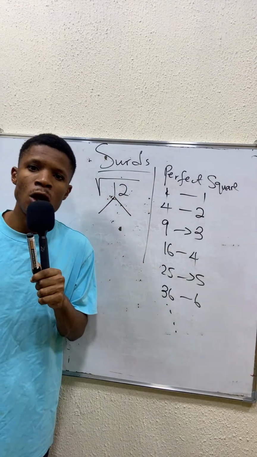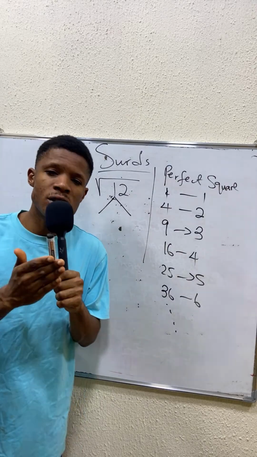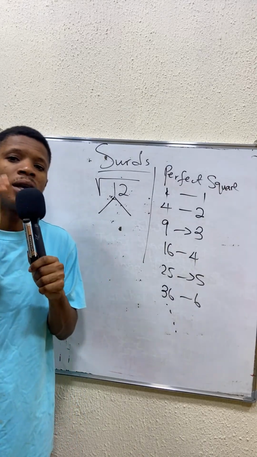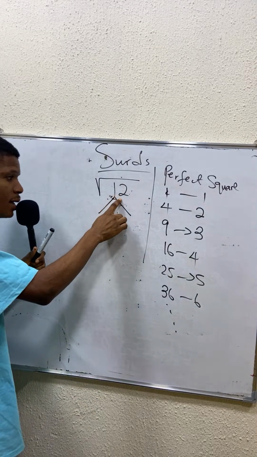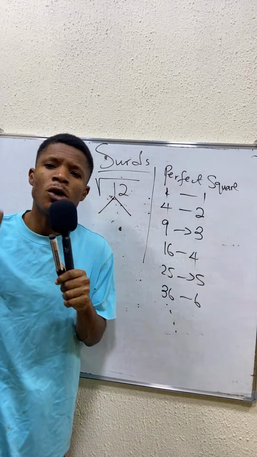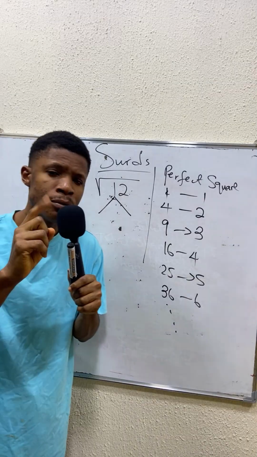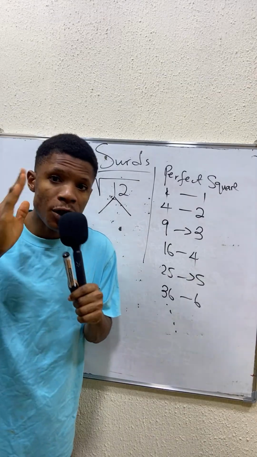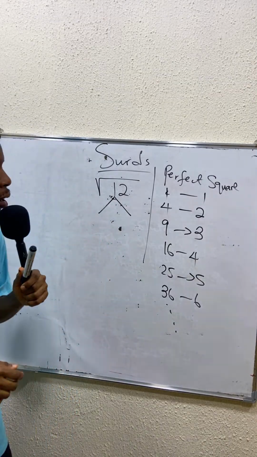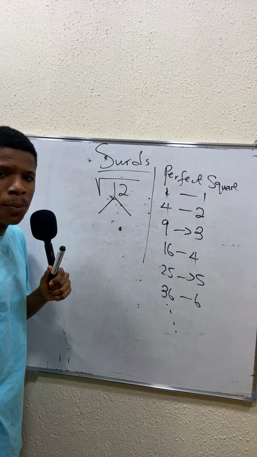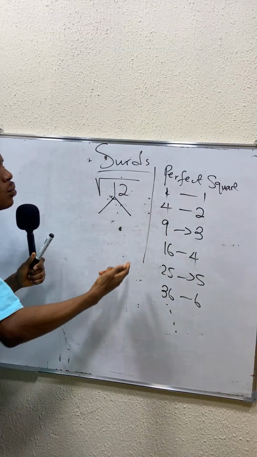You think of the two numbers that multiply to get exactly the number in the square root, but the condition is that one must be a perfect square and the other will not be a perfect square. If you look at the list of our perfect squares, we have 1, we have 4.